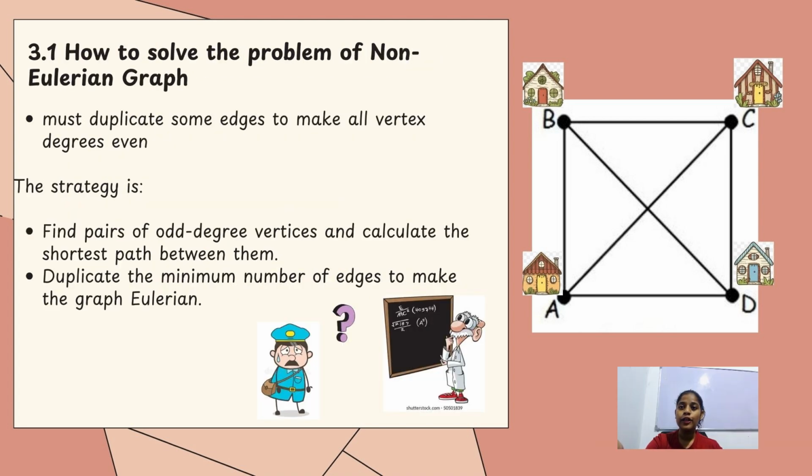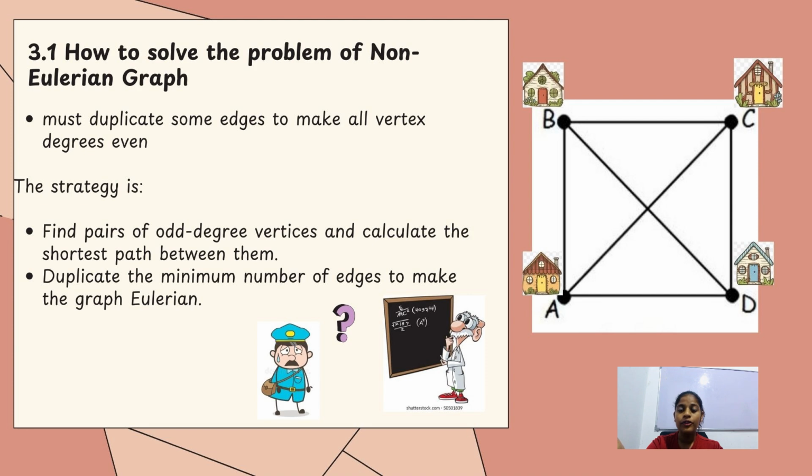Handling that issue in the Chinese postman problem, the postman must duplicate some edges to make all the vertex degrees even.